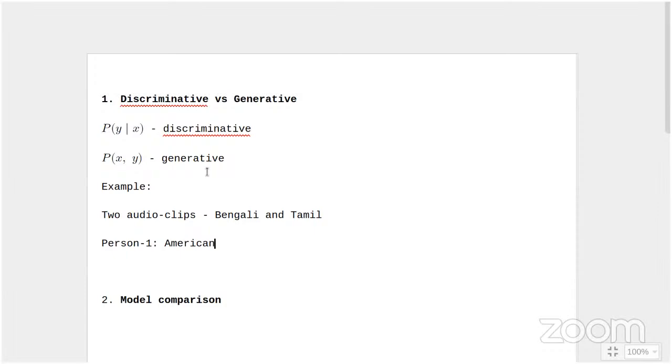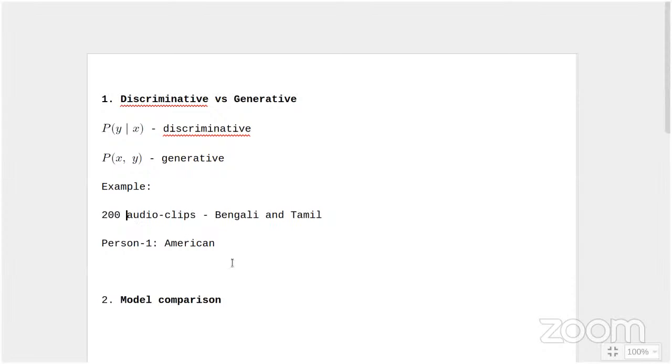Now chances are that by just listening to the different sounds, maybe not two audio clips, let's say you have 200 audio clips, 100 of them are in Bengali, 100 of them are in Tamil, a typical data set.